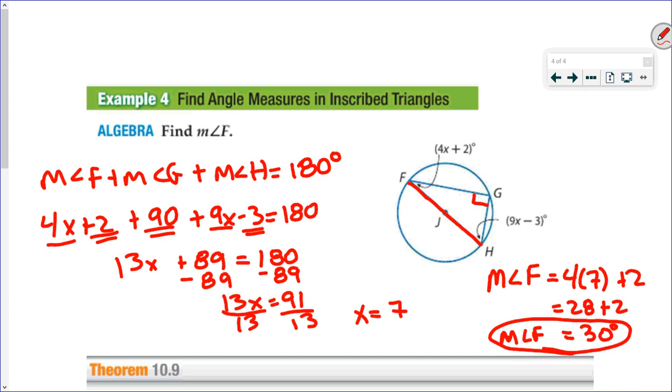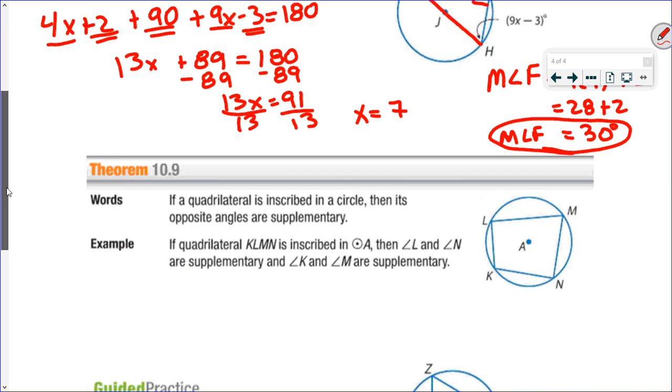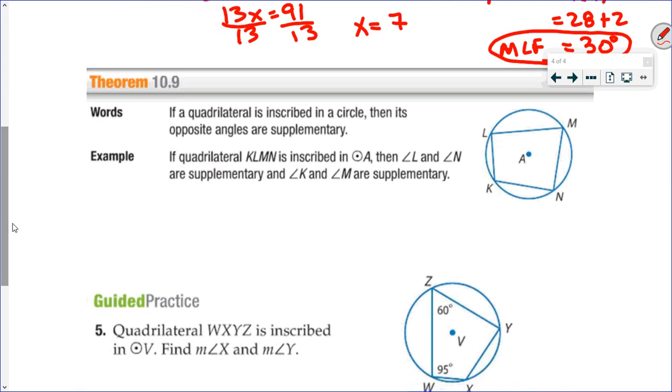Last theorem we've got here is theorem 10.9. If a quadrilateral is inscribed in a circle, then its opposite angles are supplementary. To be supplementary means that they add to 180. So if a quadrilateral is inscribed in a circle, meaning all of the vertices are inscribed angles, then the opposite angles are supplementary.